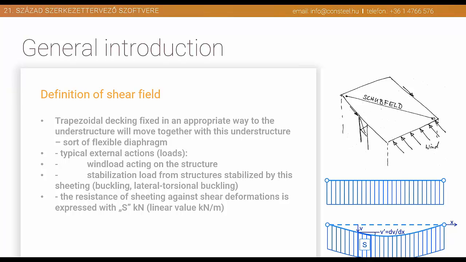So in this case, it's difficult to say that disregarding the roof panel would result in a design on the safe side. But mostly general engineering practice still today is to disregard the panels, but now we added some mathematical tools into ConSteel which allow the effect to be considered for the design.